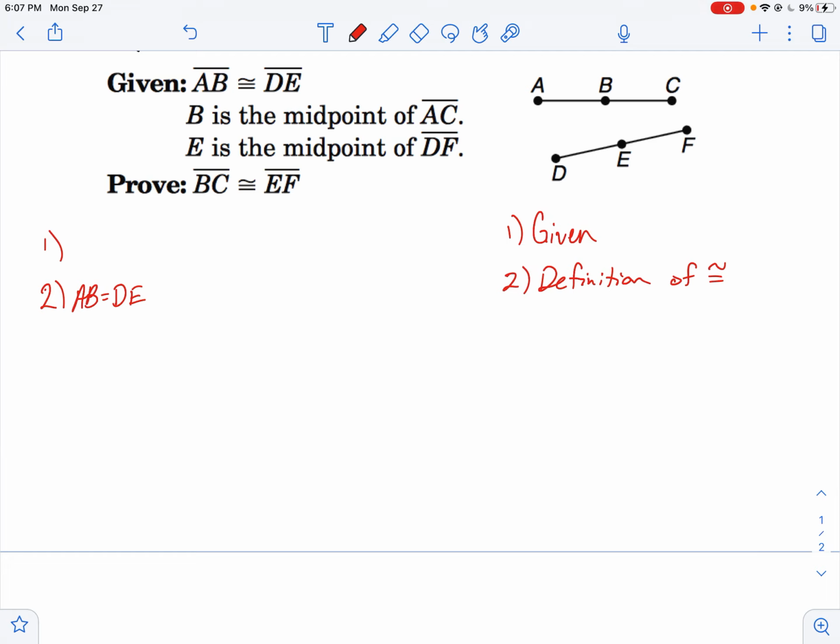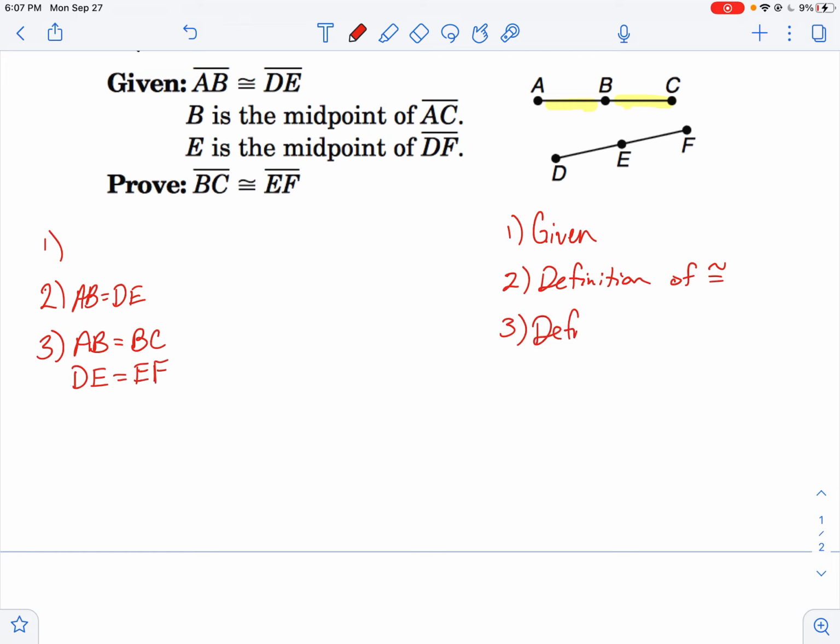Now B is the midpoint of AC, E is the midpoint of DF. Well, if B is the midpoint of AC, then what do I know about these two parts? If B is the midpoint, then AB equals BC. And if E is the midpoint, then DE equals EF.